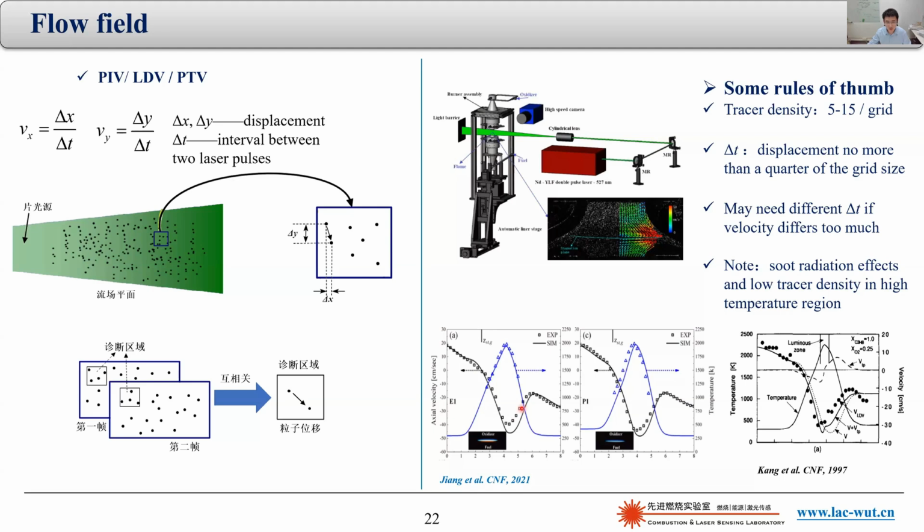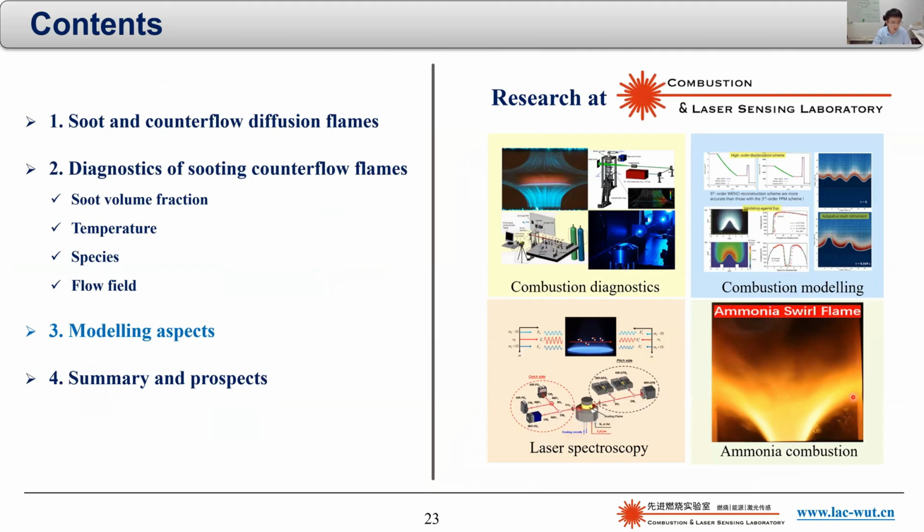You can see this agrees quite well with previous measurements using LDV, but PIV is much simpler, and you can take the measurement with just two laser pulses. Otherwise, with LDV, you have to scan the field because it is a point measurement. So that's it for the measurement part.